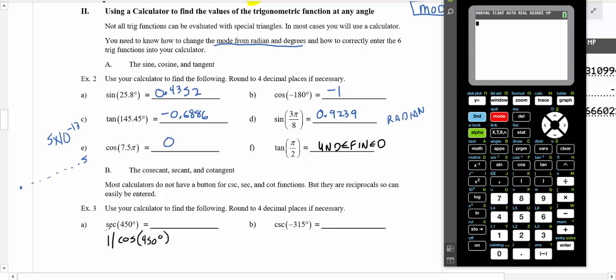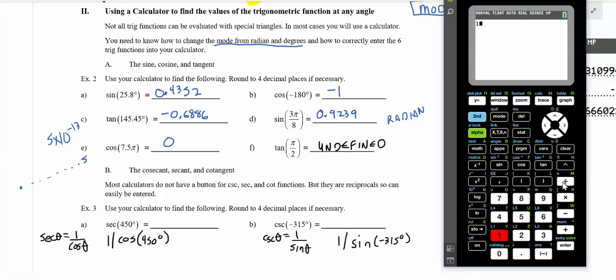Okay, these are the reciprocals of each other, and the secant of an angle theta is just 1 over the cosine of theta. Same thing with this one. We know that the cosecant of an angle theta is the same as 1 over the sine of theta. So this one you're going to do 1 divided by sine of negative 315 degrees. Okay, so that's how you put that in.